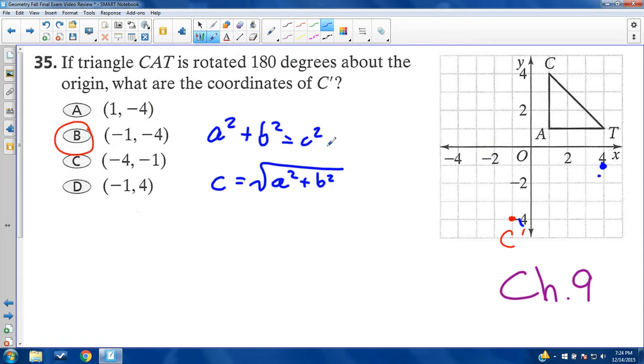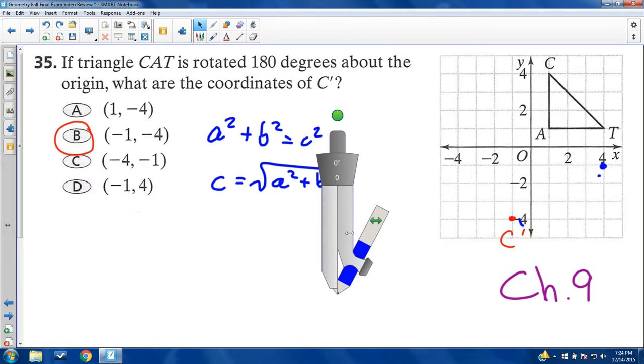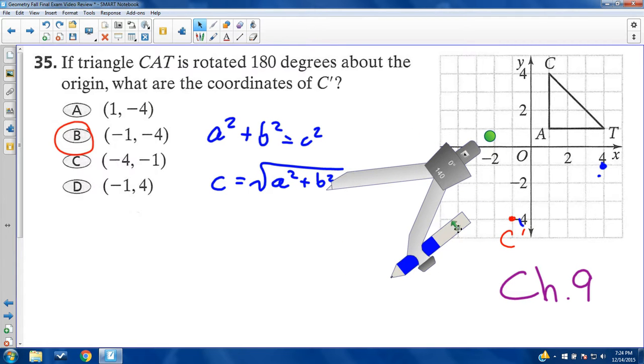When you're rotating about the origin, you have to make sure that your point stays equidistant from where it was before. So, if I ended up using a compass, okay, any of my points would have to stay the same distance away than they were previously.